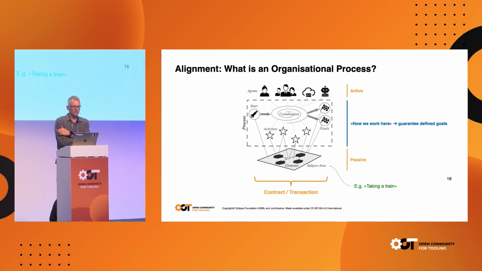Next alignment, what is an organizational process? You see it here. We'll get back to this diagram multiple times. At the top, we have actors. Those are active resources. They can be people groups, they can be IT systems, or even robots. At the opposite end, we have the subject areas. This is like taking a train.